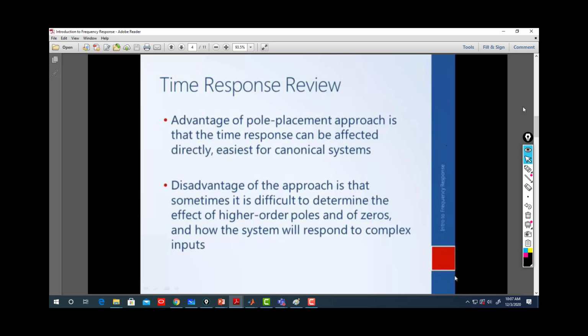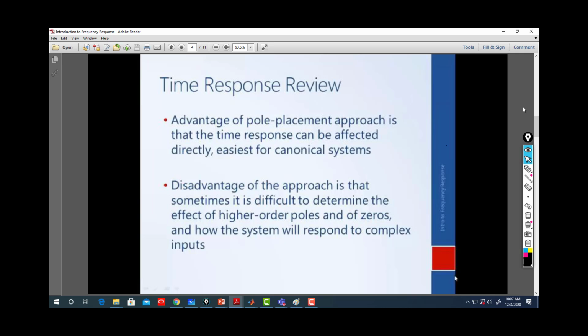Also, one important disadvantage of this method, root locus, is that it's difficult to determine how the system will respond to complex inputs. The analysis we did was only for step input. We studied system types, but what about predicting system error and so on if the input is ramp or parabolic?